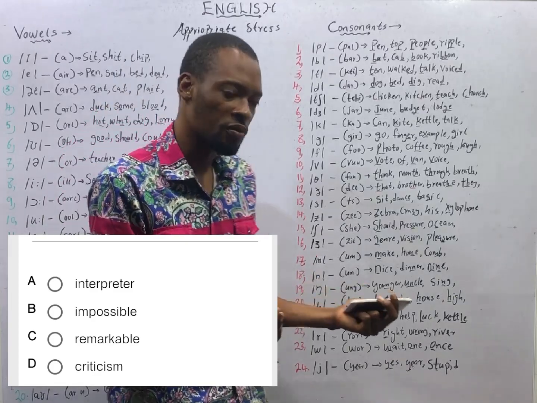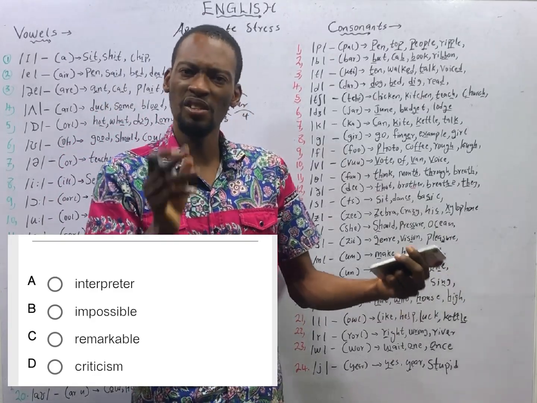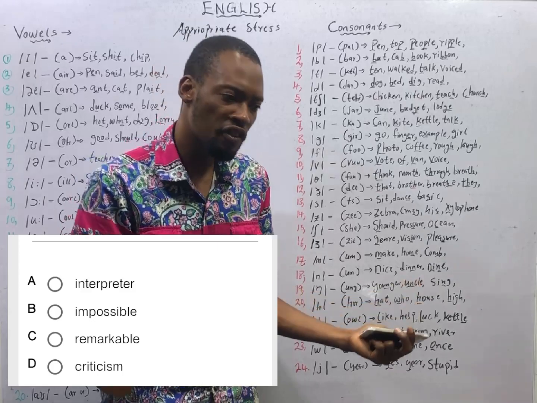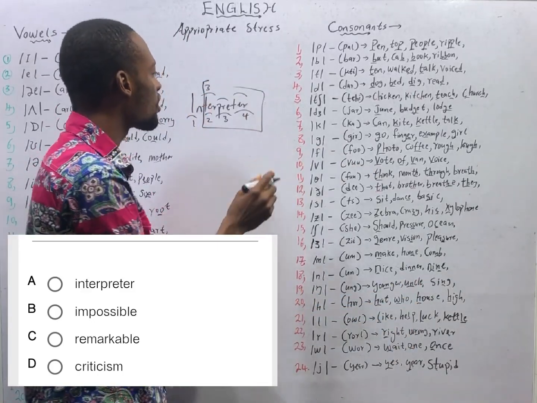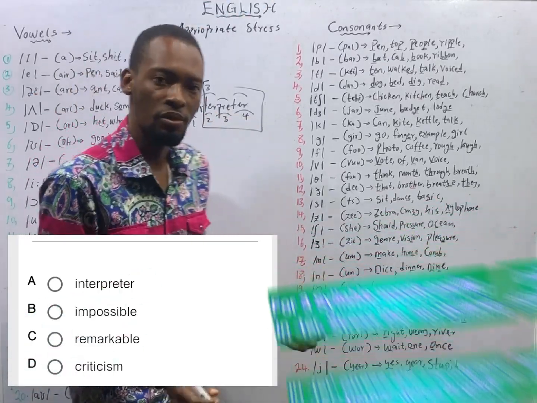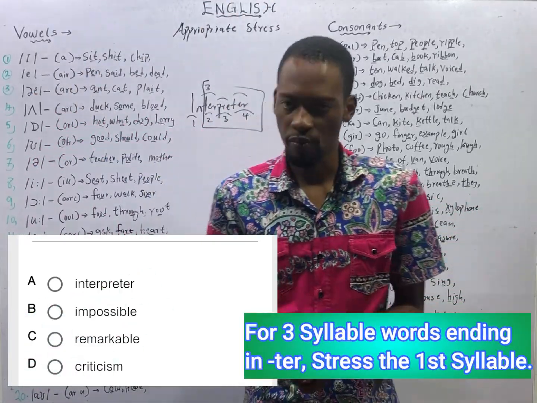This brings us to a question. What if the word is just a 3-syllable word? It therefore means that anytime you have a 3-syllable word, the stress will be on the first syllable. Take note of that rule.